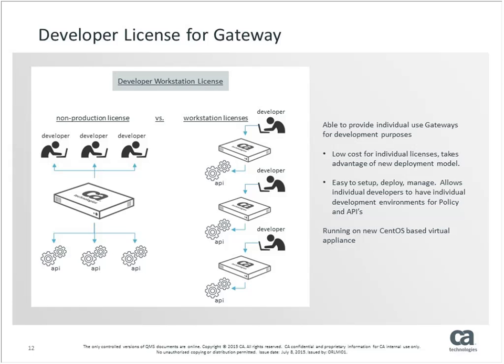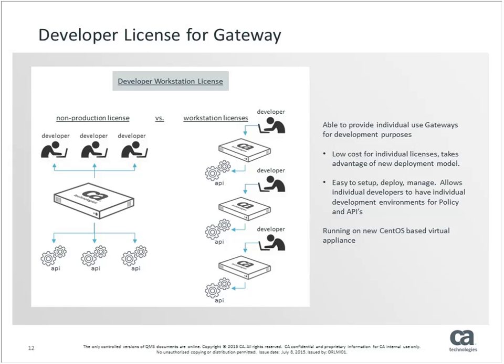I'm going to talk now about some of the other features that we've added to the 9.1 gateway, the first of which is a new form factor for us, which is the developer license. In previous versions of the gateway, we've always enabled developers to use the gateway for their various development processes, whether creating policy or managing policy together and trying to build useful functionality with the gateway.